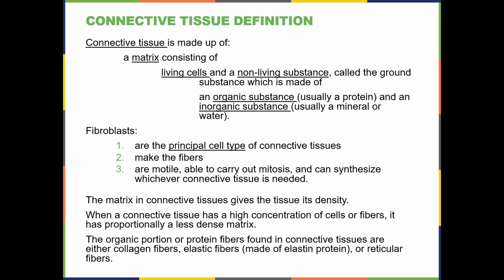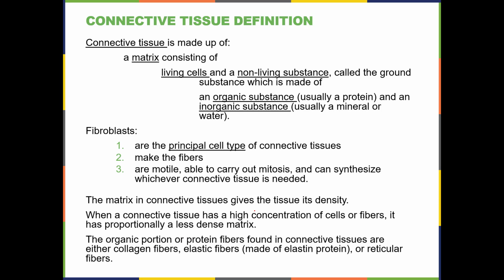tissue is. All right. So when a connective tissue has a lot of cells and fibers, it has not as dense of a matrix. All right. When a connective tissue has less cells and fibers, it has more dense of a matrix.